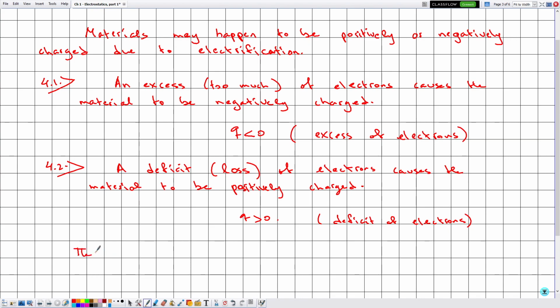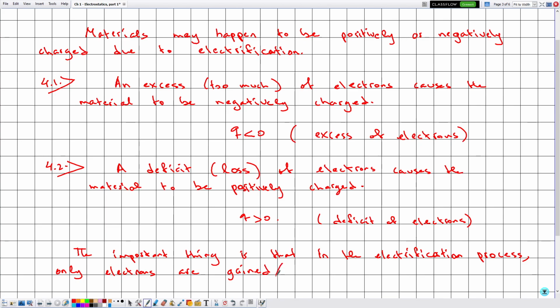Let me say the important thing is that in the electrification process, only electrons are gained or lost.